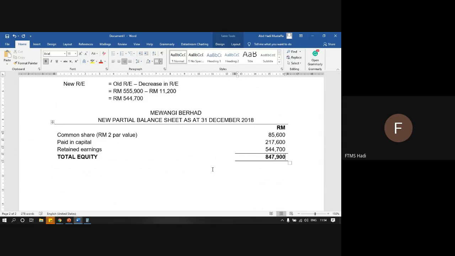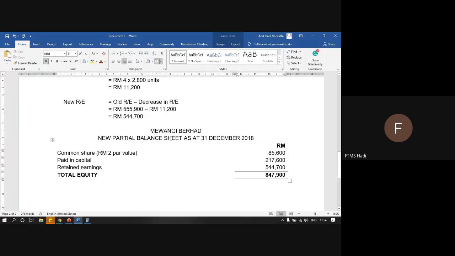If you got a different total equity compared to the question, that means there is something wrong in your working, because usually, with a stock dividend, they are not just giving additional shares, but they will decrease retained earnings. It is like they are shifting the amount. One group is common share and paid in capital, and retained earnings is another group.